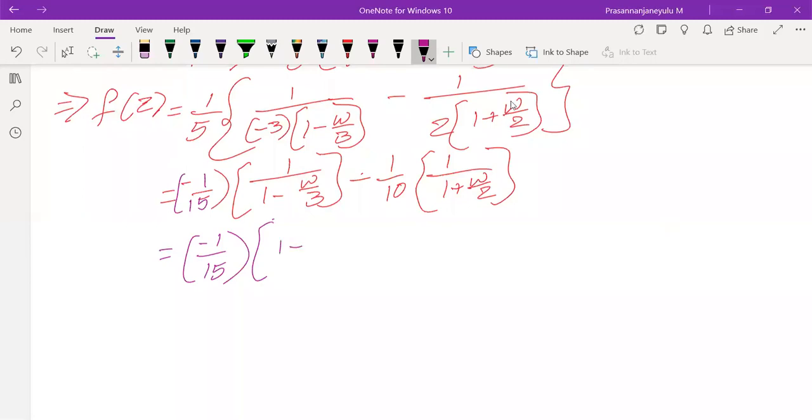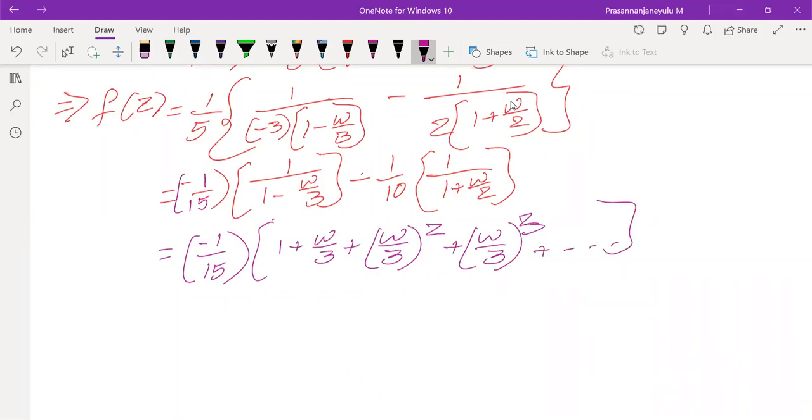So 1 plus z by 3 plus z square, w by 3 whole square, z cube, w by 3 whole cube, plus and so on. But this expansion exists for modulus of z less than 1. In place of z, what we have here? w by 3. Modulus of w by 3 is less than 1.